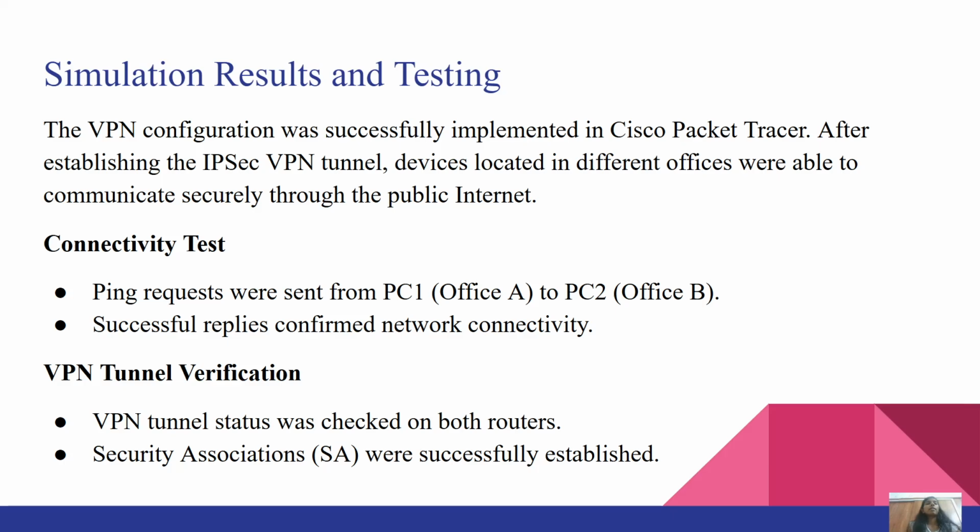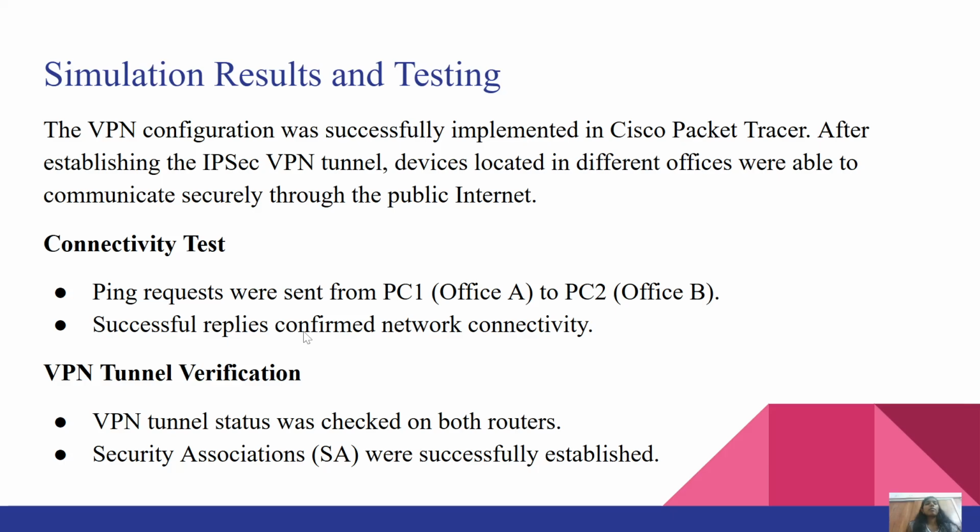Simulation results and testing. The VPN configuration was successfully implemented in Cisco Packet Tracer. After establishing the IPsec VPN tunnel, devices located in different offices were able to communicate securely through the public internet. Connection test: ping requests were sent from PC1 to PC2.